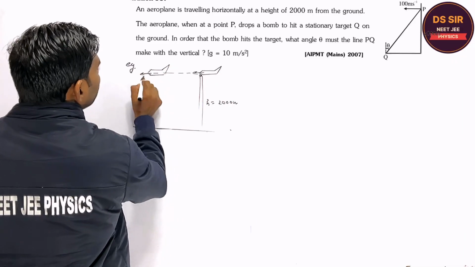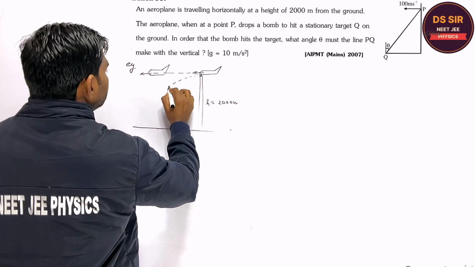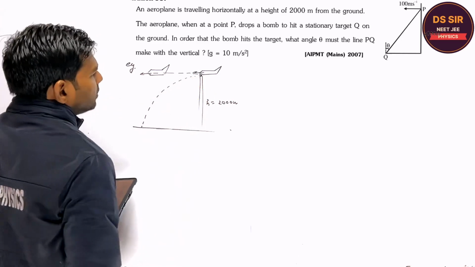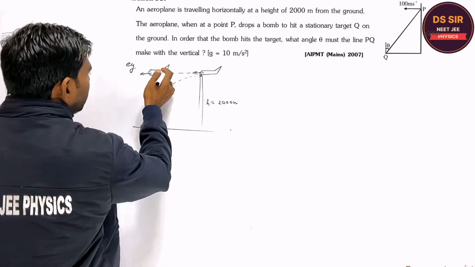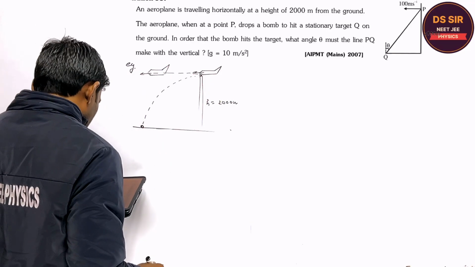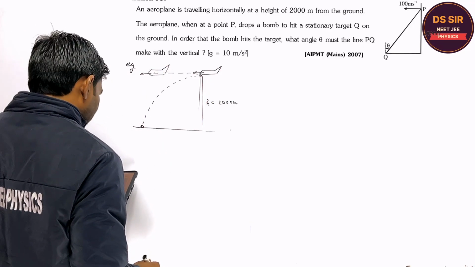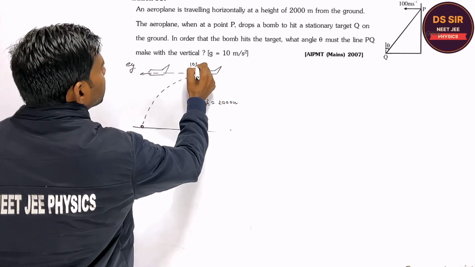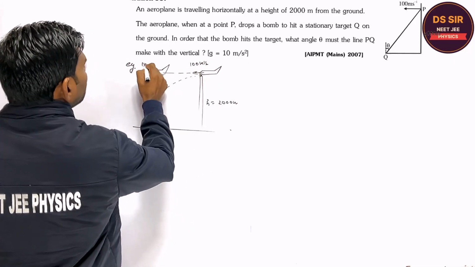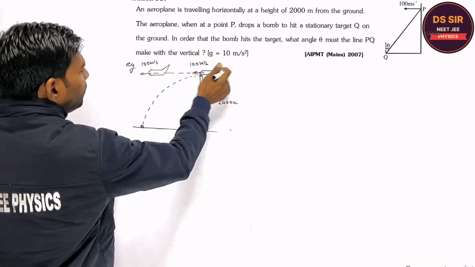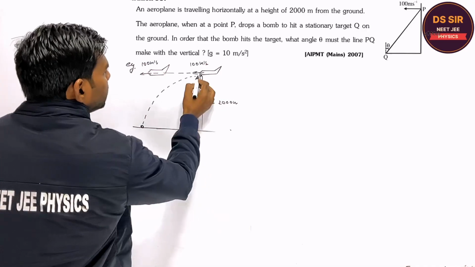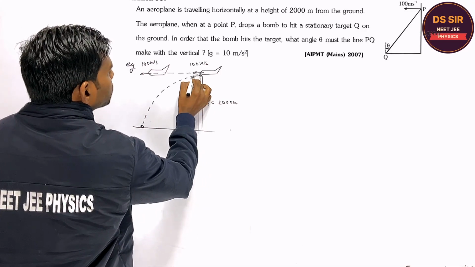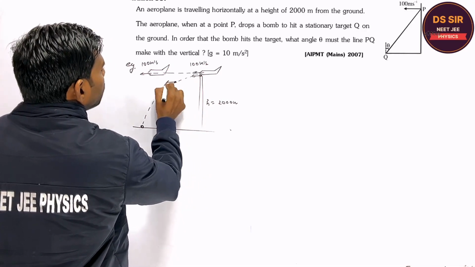The plane will move horizontally, but the bomb hits the target like this. It will continue to move like this, and the speed is given as 100 meters per second. So although the plane will move with constant speed, the initial vertical velocity of this bomb will be equal to what?